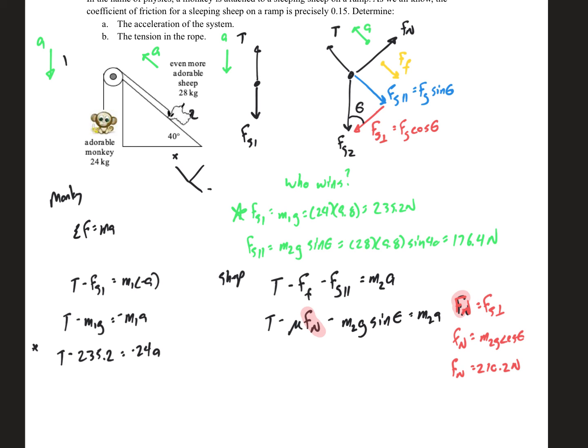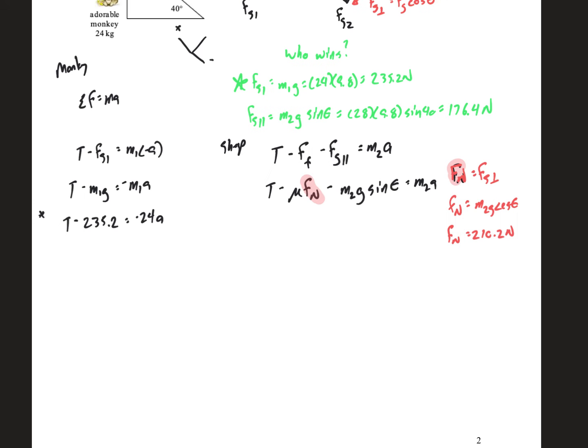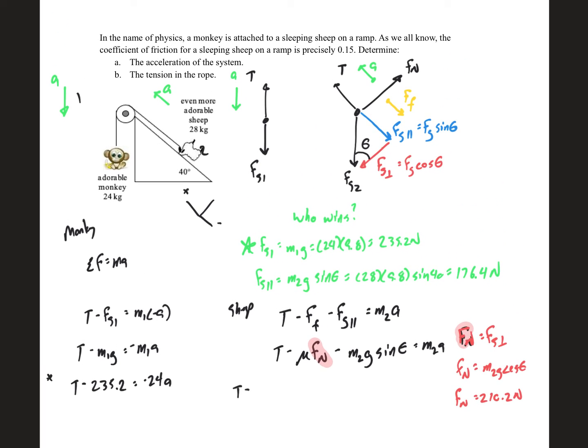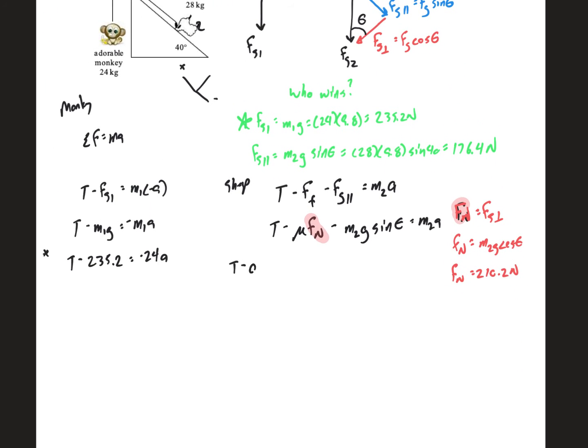And then I have enough information to plug everything in. So tension minus the coefficient of friction, which was 0.15, times 210.2, there's the normal force.